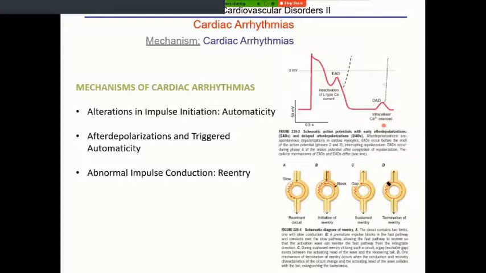So any factors that would either reactivate your L-type calcium current or lead to an increase in intracellular calcium will cause afterdepolarizations.